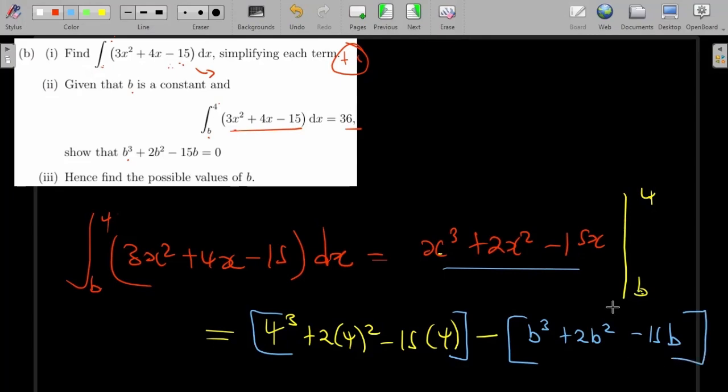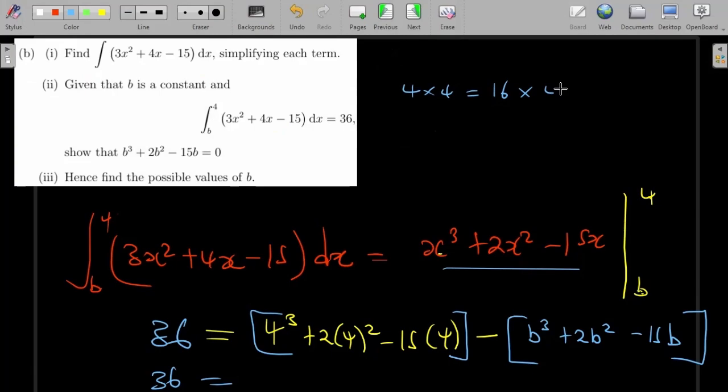Remember we were told that this whole integral equals 36. So I can equate this to 36, and try to simplify. Here I have 4 to the power 3. 4 to the power 3 is 4 multiplied by 4, which is 16.